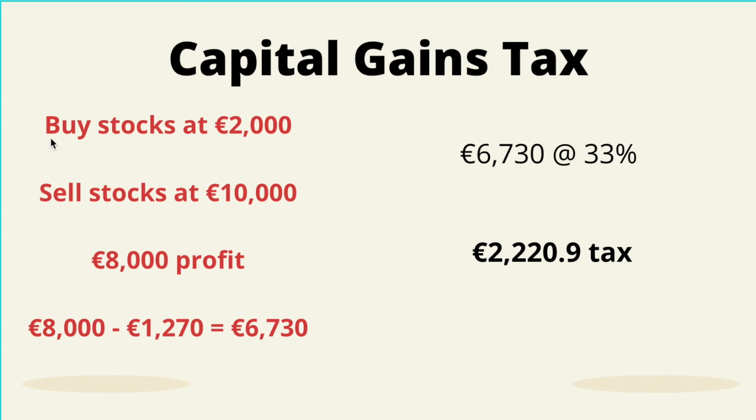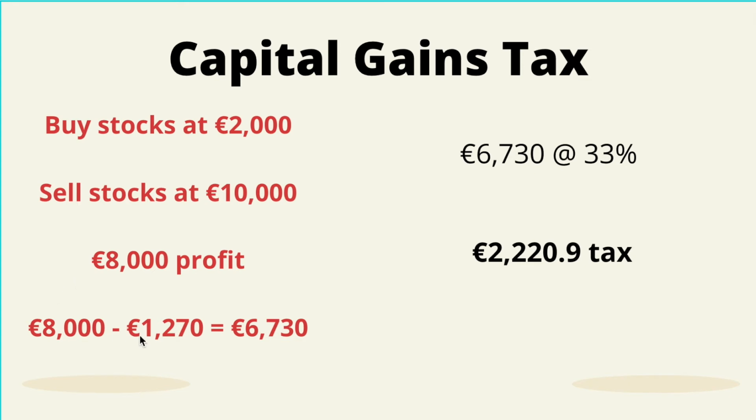So let's say we buy some stocks at 2,000. Let's say you completely YOLO'd it into GameStop, and that 2,000 turned into 10,000, and you sold the stocks. Then you'll have sold at an €8,000 profit, and that €8,000 is taxable.